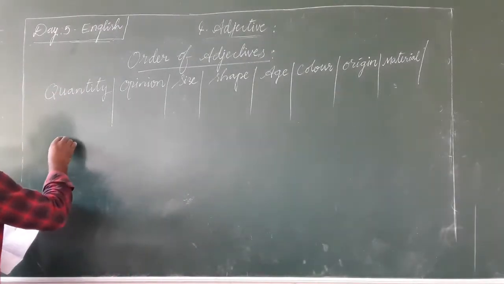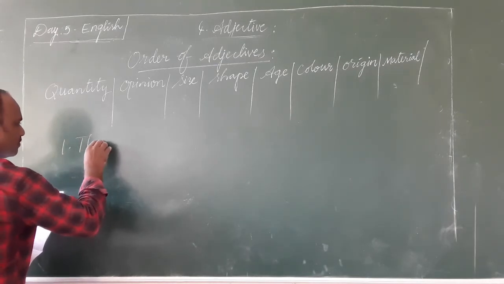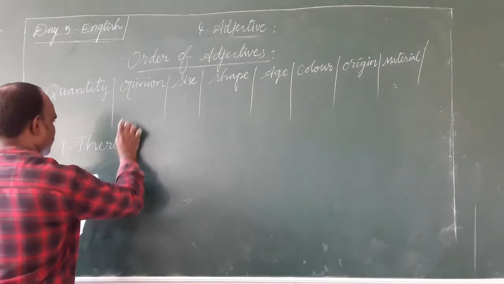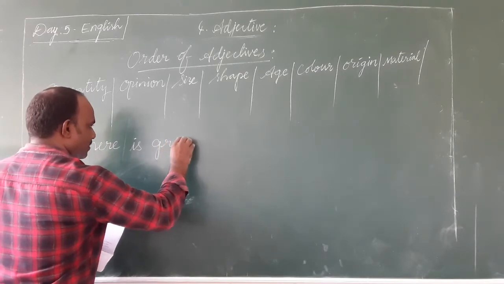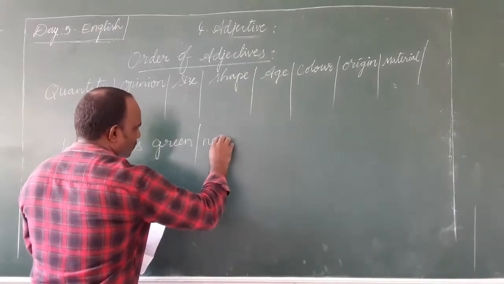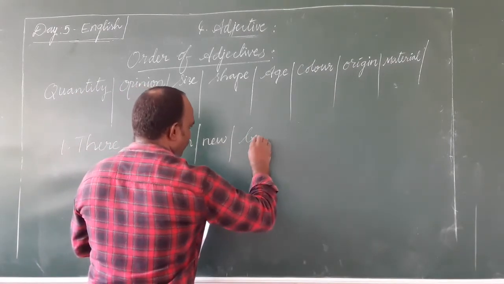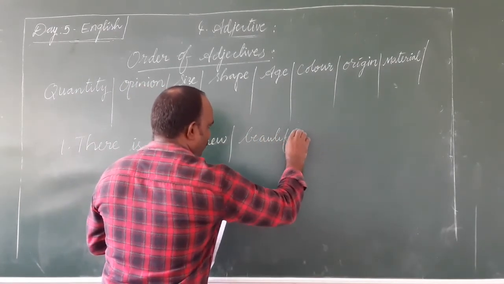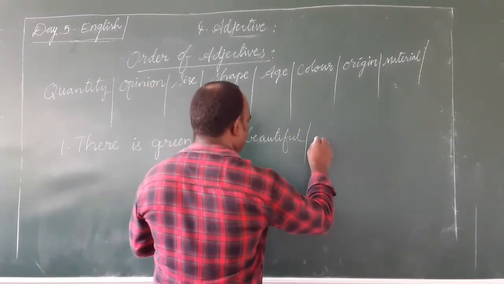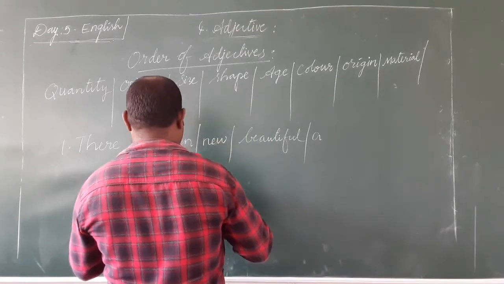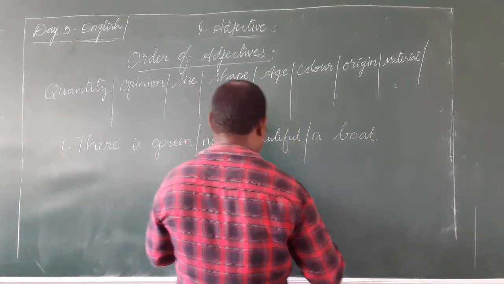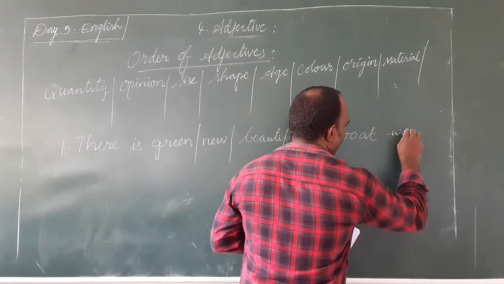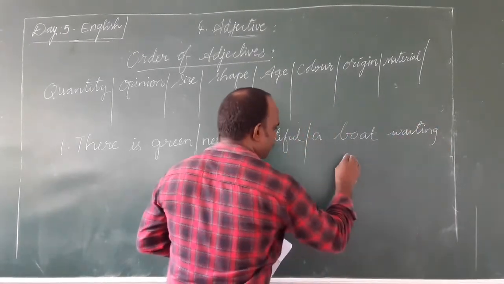Look at this sentence. There is great, new, beautiful, a boat waiting at the harbor.